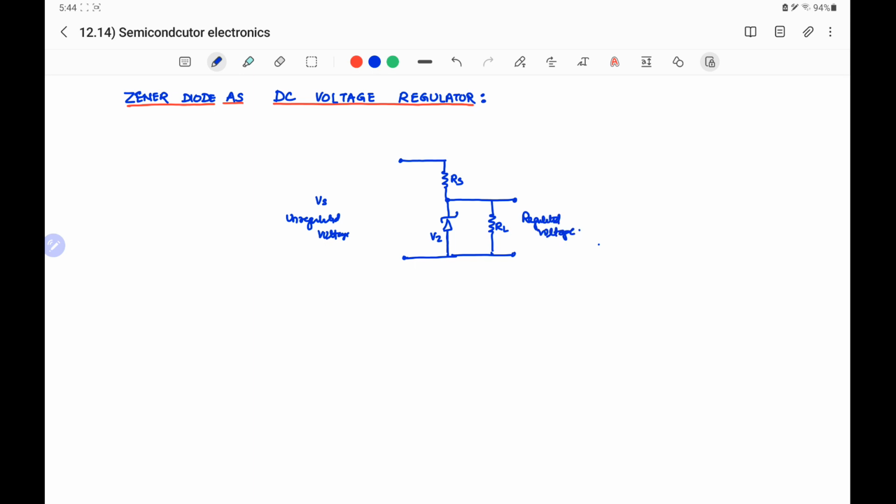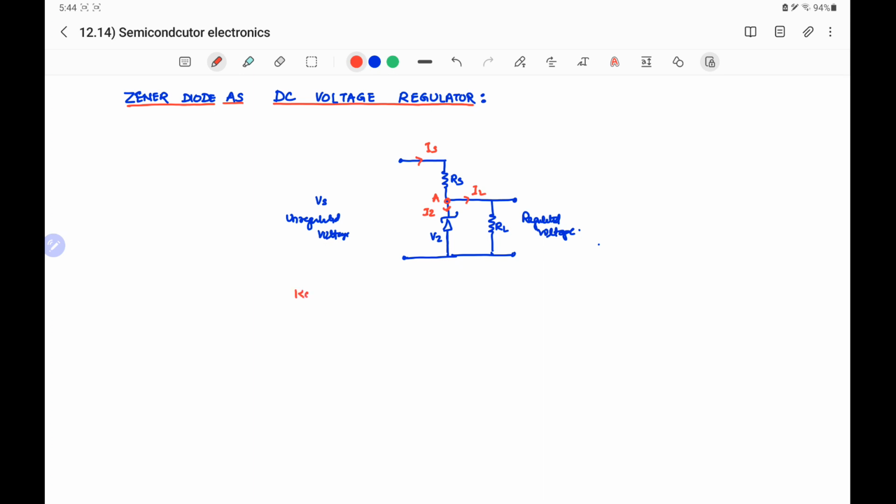That means constant voltage. Suppose from the source a current Is is drawn, and this Is at the junction A is divided into two components. One is Iz, the Zener current. The other is passing through the load resistance, say IL.